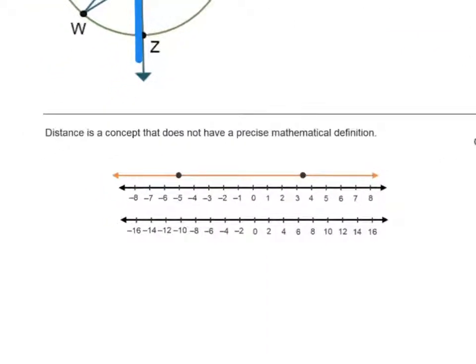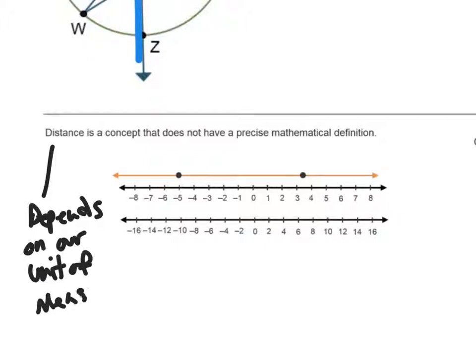Now on this next part, it says this thing about distance, and it says that distance is a concept that does not have a precise mathematical definition. This distance depends on our unit of measure.